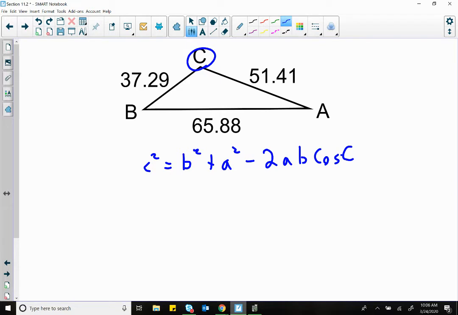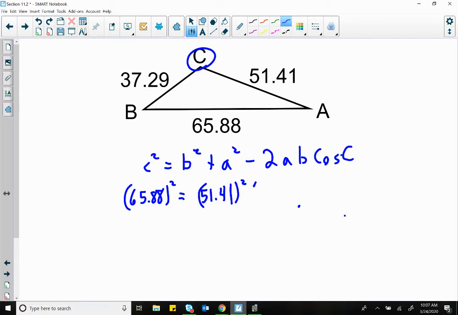So let's fill in what we know. We know that C is 65.88. And since we have to the nearest hundredth on this, that's 2 decimal places, let's round in the end to the nearest hundredth. So your B is the 51.41 squared.